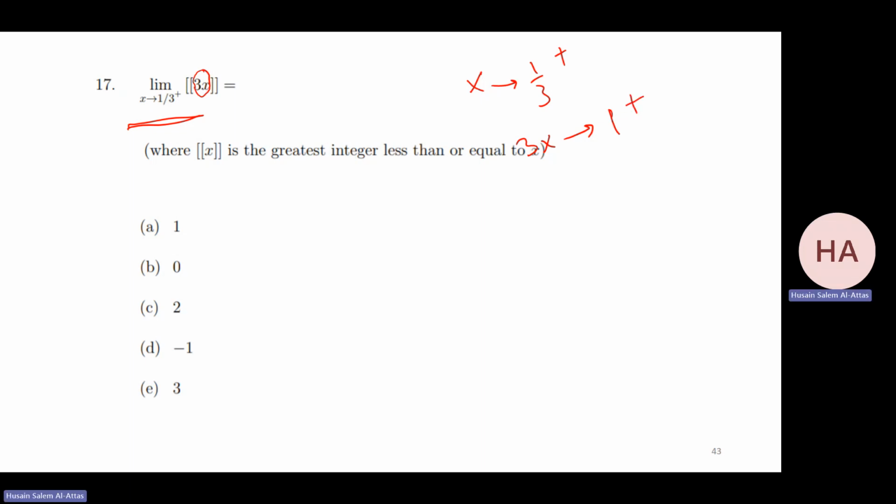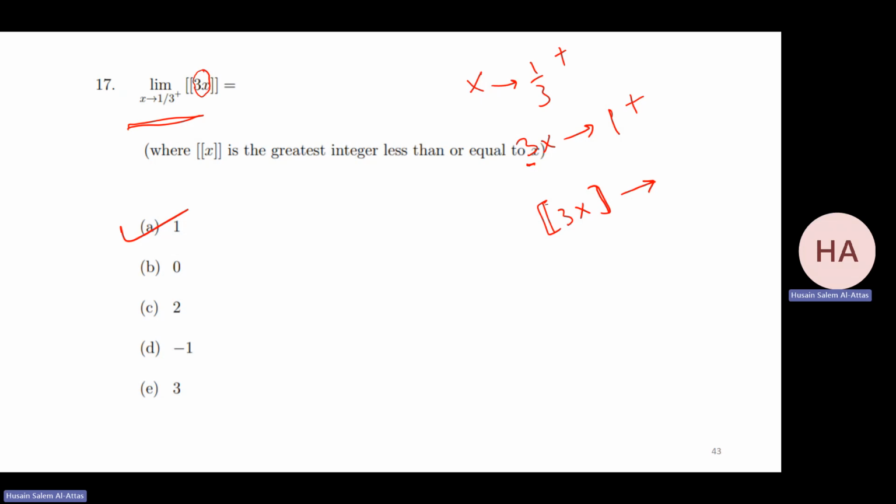And why is that? We know that 1/3 is 0.33 something, so we can take a value more than that, like 0.34 or 0.35. Multiply it by 3 and you get 1 point something, so it's 1 plus. So the greatest integer of 3x will for sure go to 1. What's the greatest integer of something more than 1? It will be 1. So this is the answer.